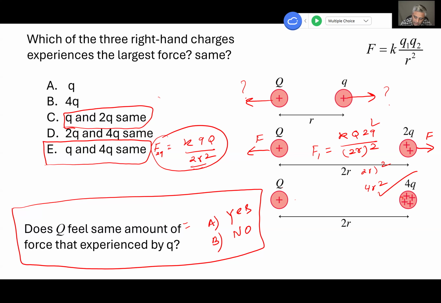So that's why it is only 2r squared. Otherwise, it would have been 4. So what happened was this 2Q and this is 4r squared. So this 2 canceled with this 4, giving us just 2 over here. And that's what I wrote. So yes, it did cancel.